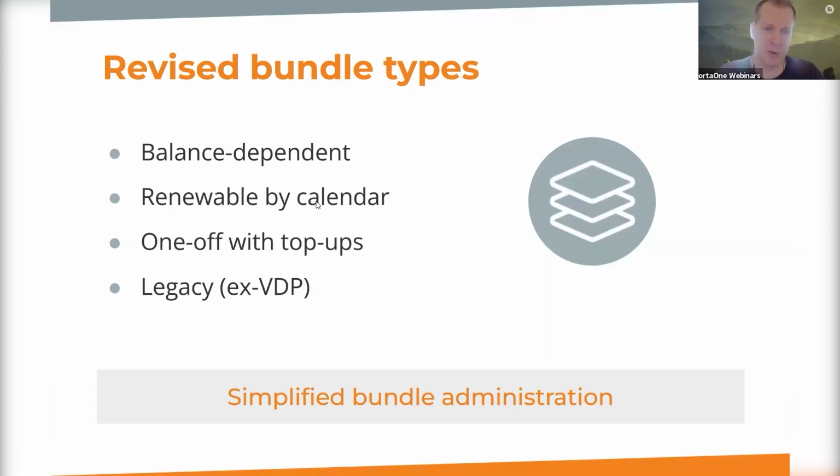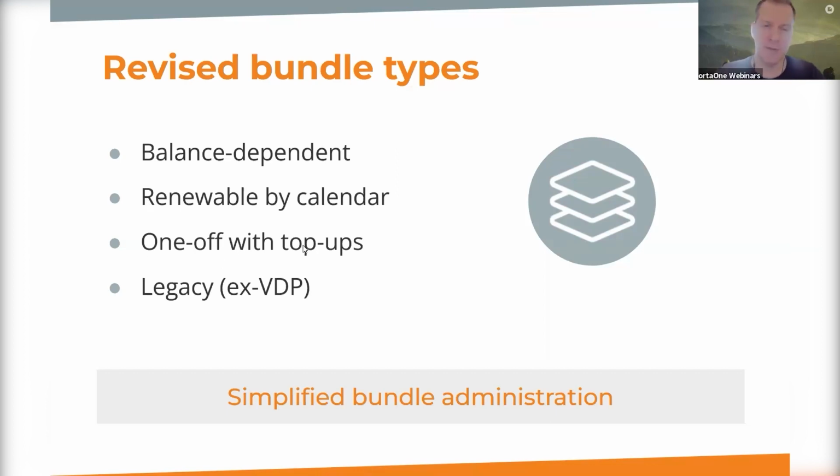We also introduced a new type, which is called renewable by calendar. You get exactly the same behavior as you were getting for quotas inside of the old volume discount plan. So this is basically new quotas, but the type is defined on the whole bundle level.